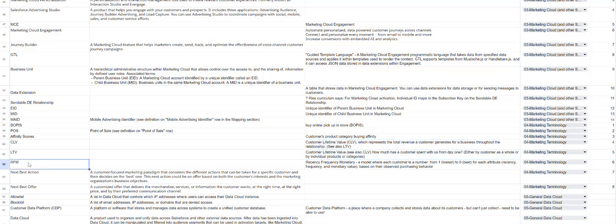And then we have RFM, which stands for Recency Frequency Monetary. This was an answer in one of the quizzes that we found in the study materials, and it didn't sound like a real thing, so we didn't choose it, but it is a real thing. And the idea here is that it's a model where each customer is given a number from 1 to 5, with 1 being lowest and 5 being the best, for each of recency, frequency, and monetary based on their observed purchasing behavior.